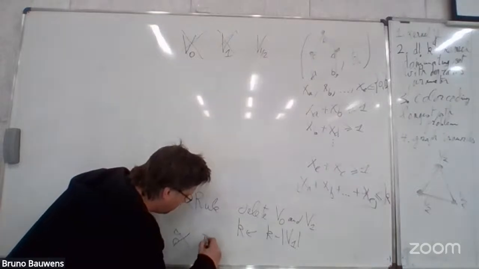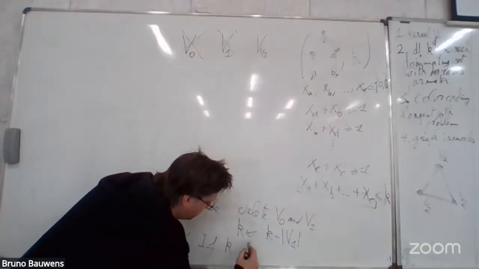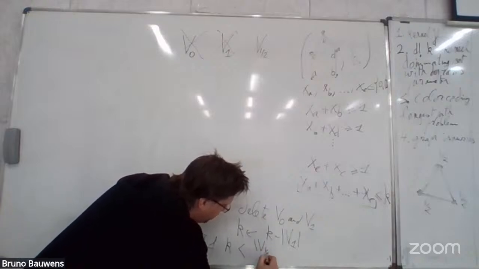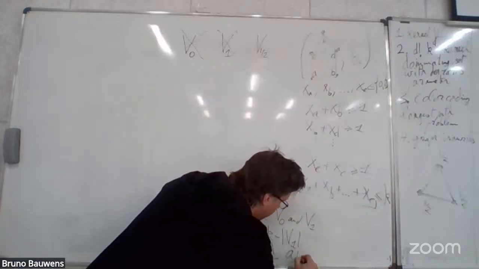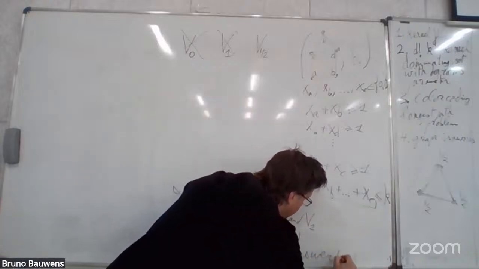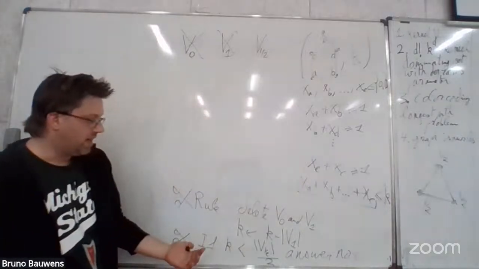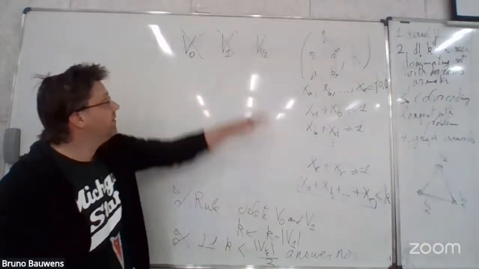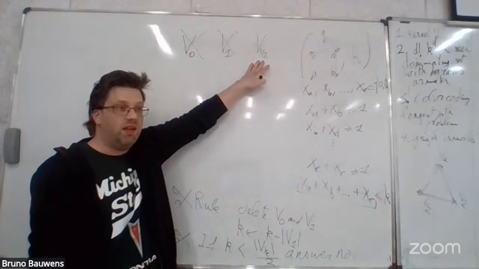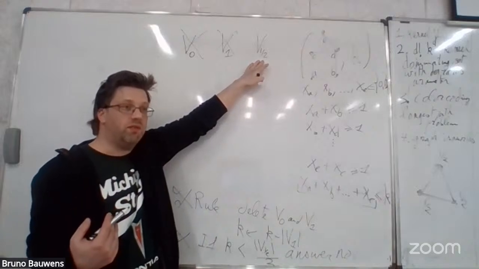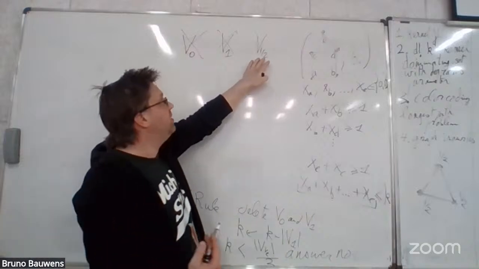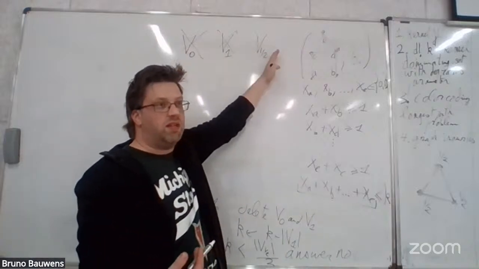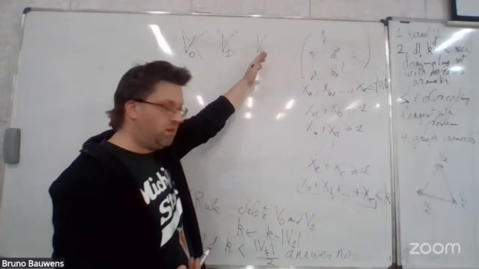Second rule: if k is smaller than the size of V1/2 divided by 2, answer no. And this is precisely by the rule. All nodes of V1/2 by definition have fractional value 1/2, so we will need at least 1/2 of this size to cover everything.